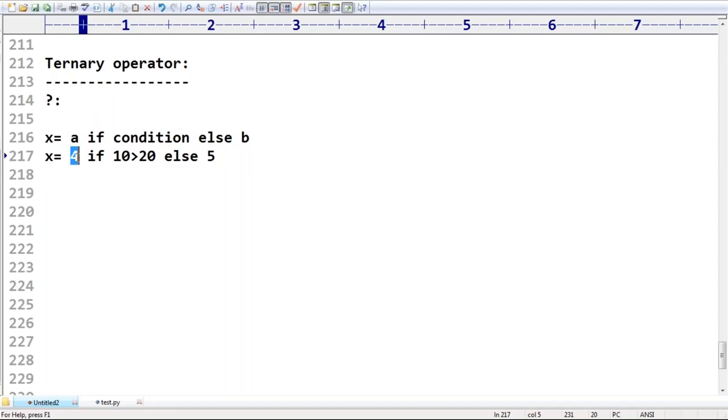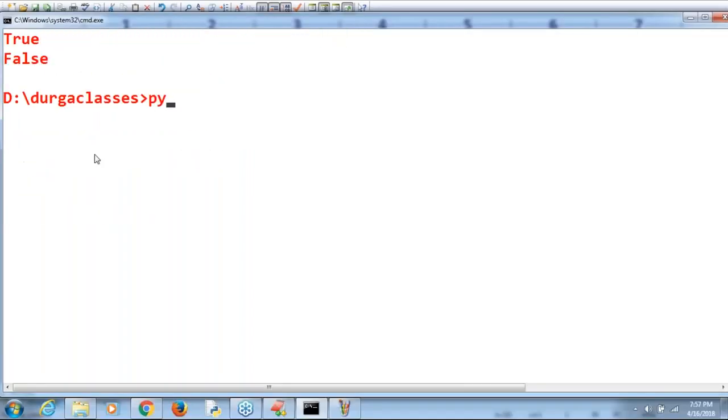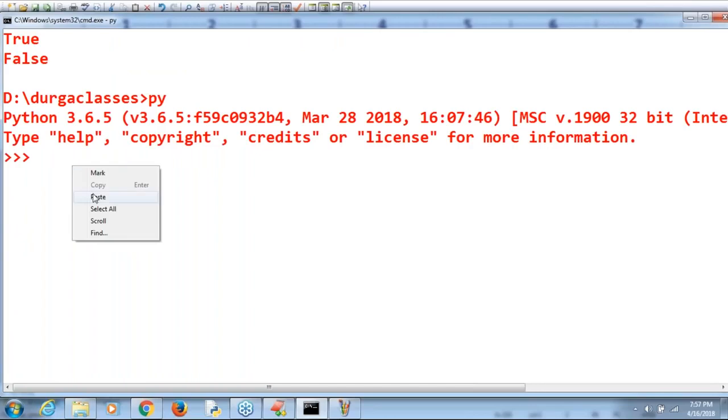The X value is 4 if 10 greater than 20, else 5 is the answer. So automatically, by default, 5 itself is the answer. Let me cross check.